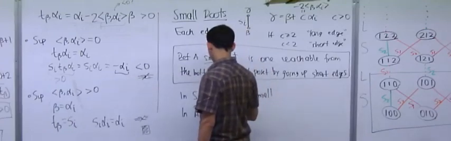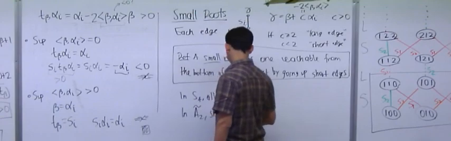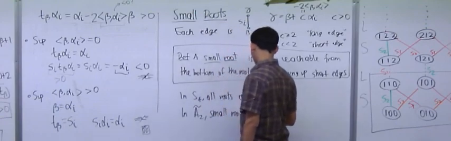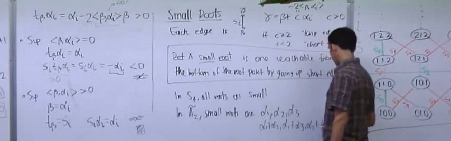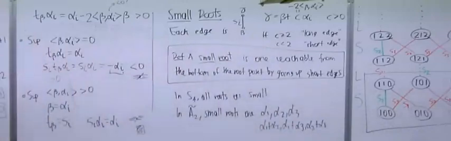In A2, the small roots are alpha_1, alpha_2, alpha_3, alpha_1 plus alpha_2, alpha_1 plus alpha_3, and alpha_2 plus alpha_3.